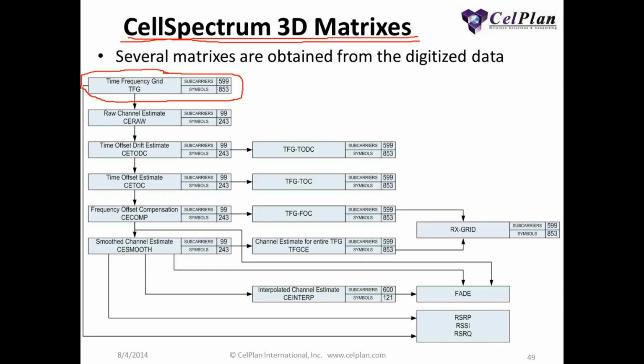What we capture, we call the time frequency grid. The time frequency grid stands for a grid with all the resource elements, regardless of what they are carrying. So we have 600 (this is a typo here) subcarriers and 853 symbols.